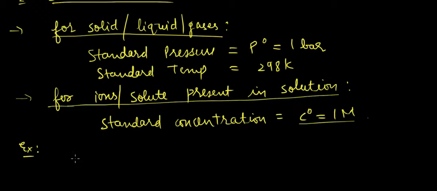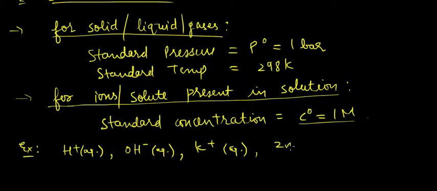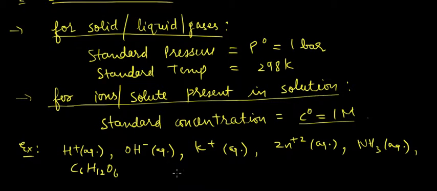So examples can be H plus aqueous, OH minus aqueous, K plus aqueous, Zn 2 plus aqueous, NH3 aqueous, C6H12O6 aqueous, and so on.